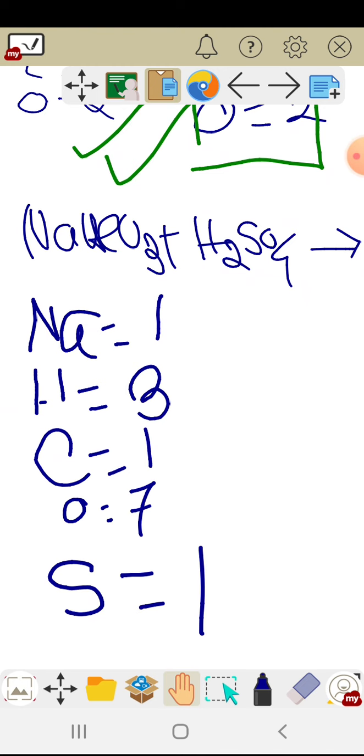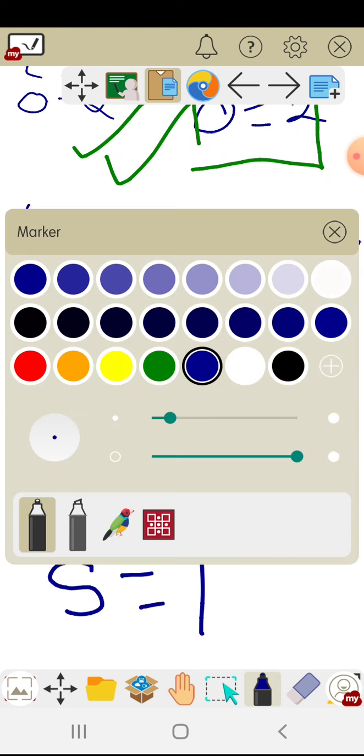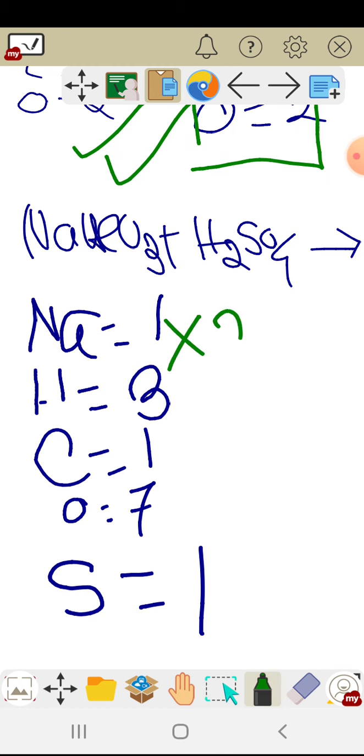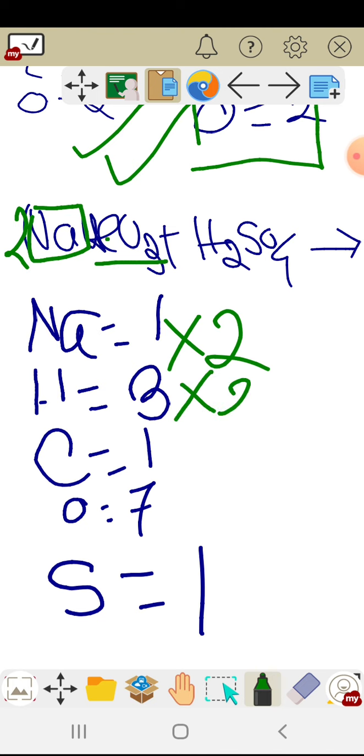So to balance sodium, we will multiply 2 with this. But again there is a but in between. We place a 2 here. This sodium is becoming 2. But what about this? Hydrogen will also become 3 into 2, 6. Right? Carbon will become 2 into 2. Oxygen will become 6 plus 4, 10.